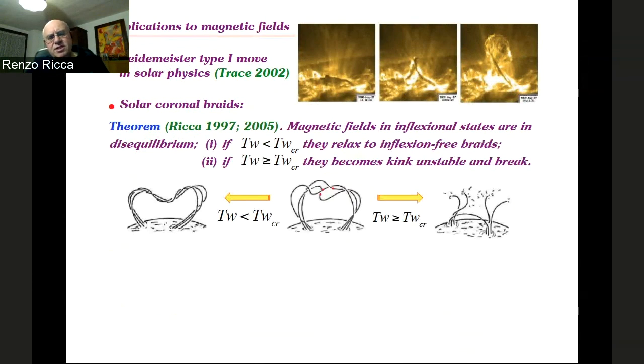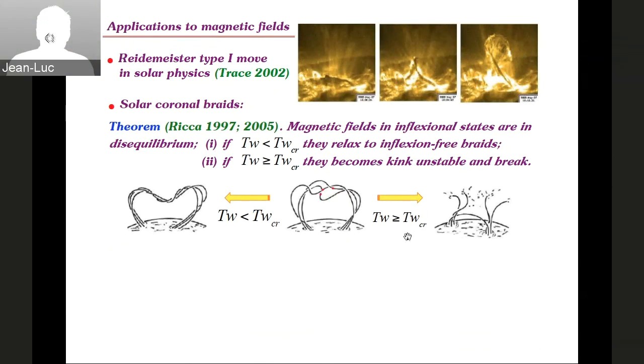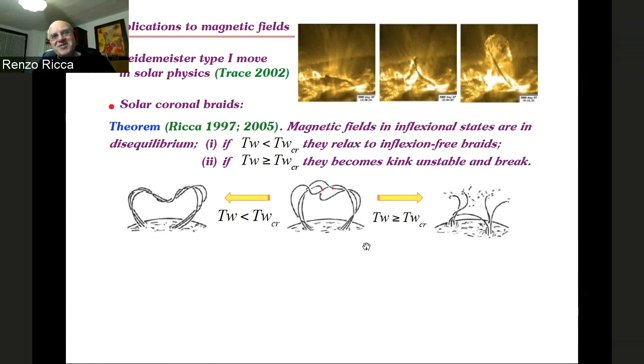It is curious to notice that you have an exact analytical expression for this critical twist. And it is interesting to notice, we go back to Faraday, who pointed out the analogy between magnetic fields, so to speak, and elastic strings, reported by Maxwell, that also in elastic systems, you have what is called in engineering writhe instability.